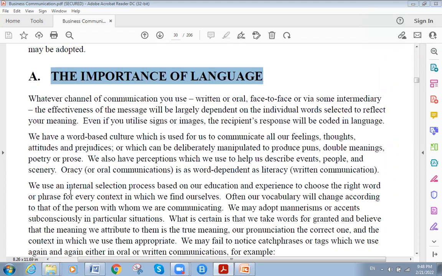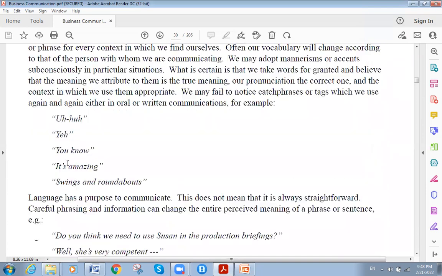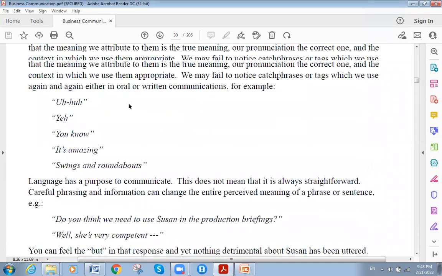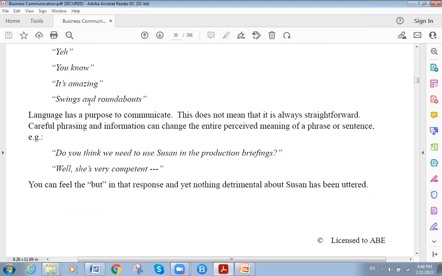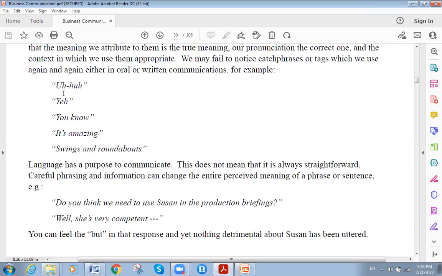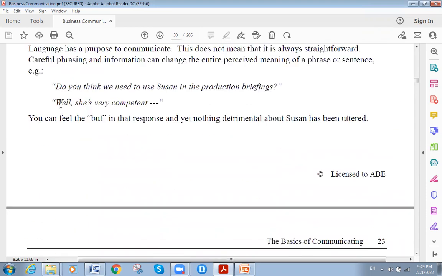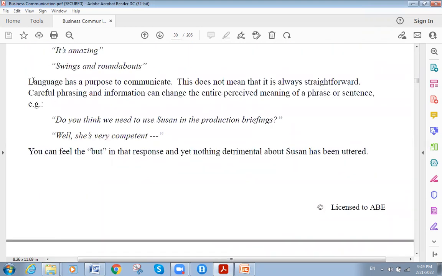So language always has a purpose: to communicate.